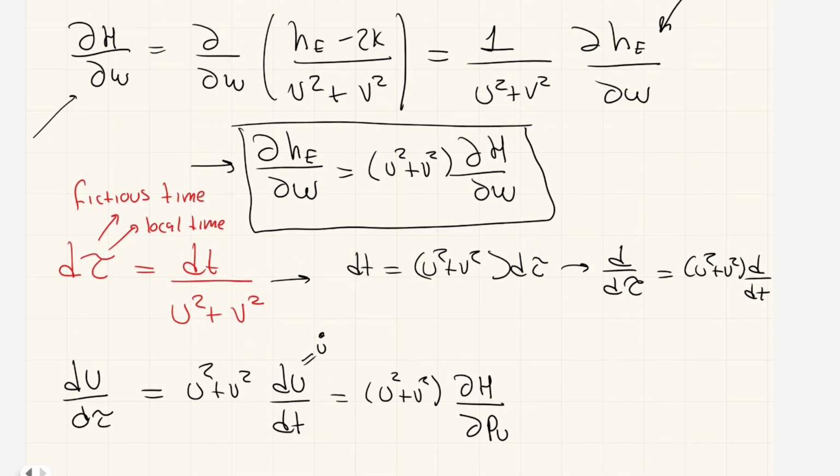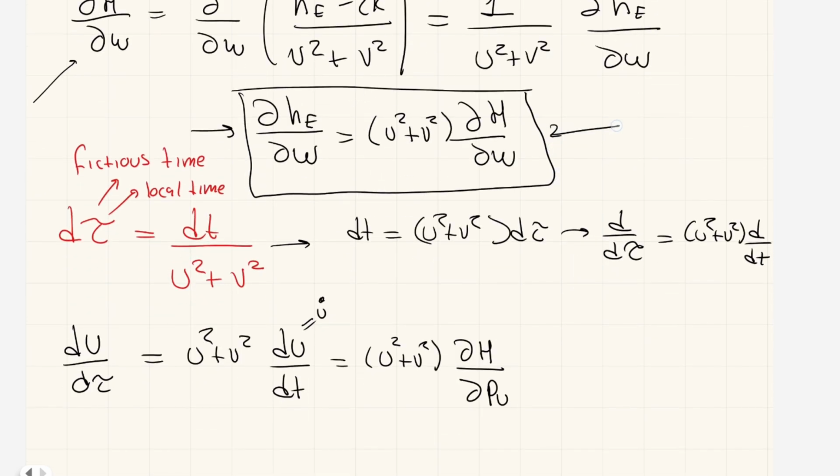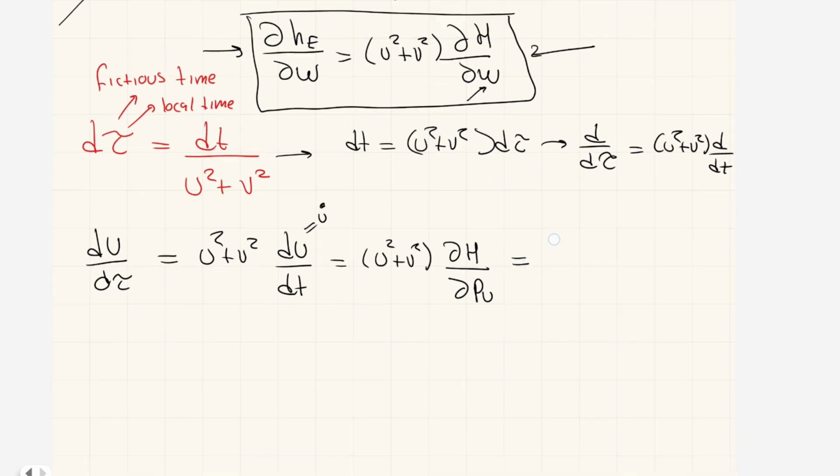But according to the equation that we found, (u² + b²) times the partial of h with respect to some variable is equal to the partial of the new Hamiltonian with respect to that variable. So this is just the partial of he with respect to pu.